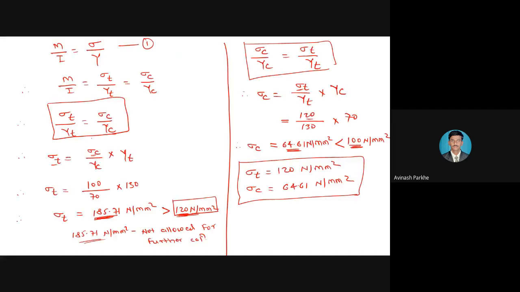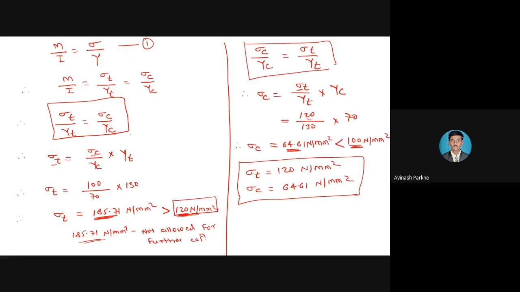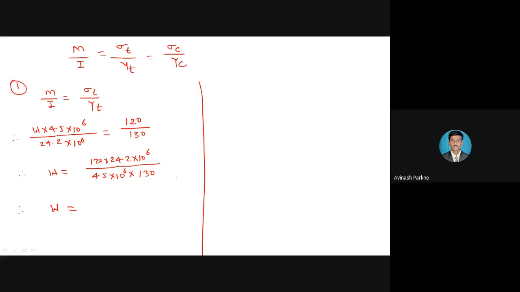Sigma T, safe value of stress 120, कारण 185 पेक्षा लहान आहे. So 120. Yt is equal to 130. So find the value of W is equal to 120 into 24.2 into 10 raised to 6 divided by 4.5 into 10 raised to 6 into 130. So here you will get the W value by using this first combination.